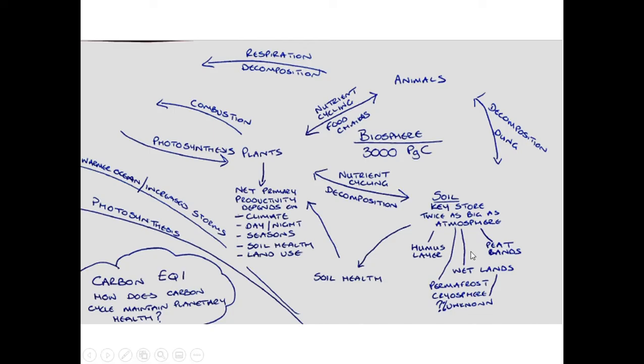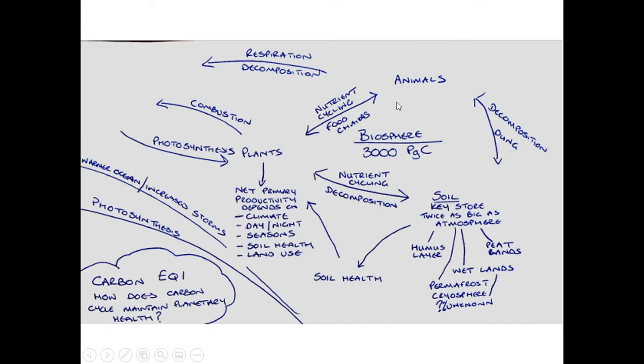Wetlands are also a very important store. And also very much of the carbon is stored within permafrost and the cryosphere, although the actual levels of this are unknown. Now, with a lot of carbon in the soil, this is important for soil health, which then is very important for nutrient cycling, which can have an impact on net primary productivity.